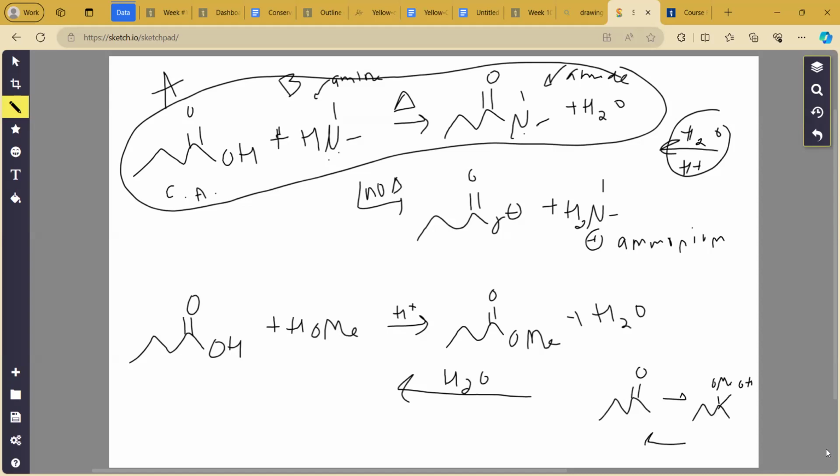Where you could go back because you're reversing that substitution. You're not reversing a hydrogen moving. So if she asks you how to reverse either of these two, this one is just water because there's already acid here. This one is acid and water.